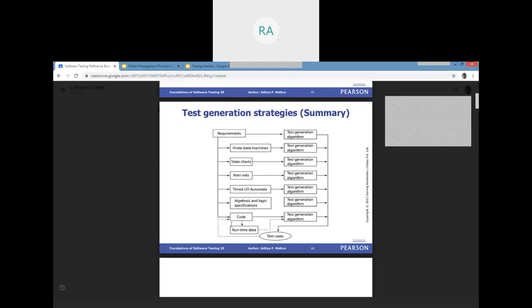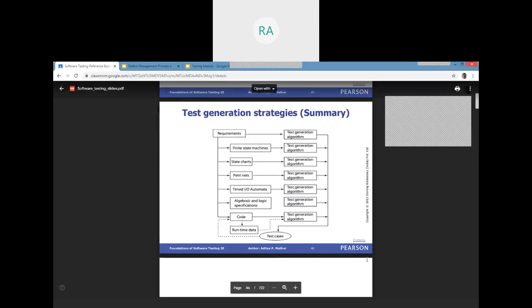This is how the test generation strategies result in a test generation algorithm which gives the test cases, which we use to check the observed behavior of the program. In this diagram, what you are supposed to know is the different types of test generation strategies.